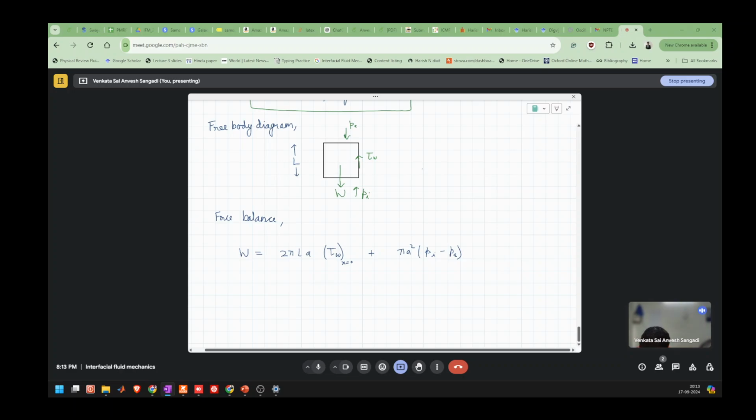So now we have tau, which is equal to 2 pi LA into minus of mu del v by del x, evaluated at x equal to 0, plus pi A square Pi minus PE.